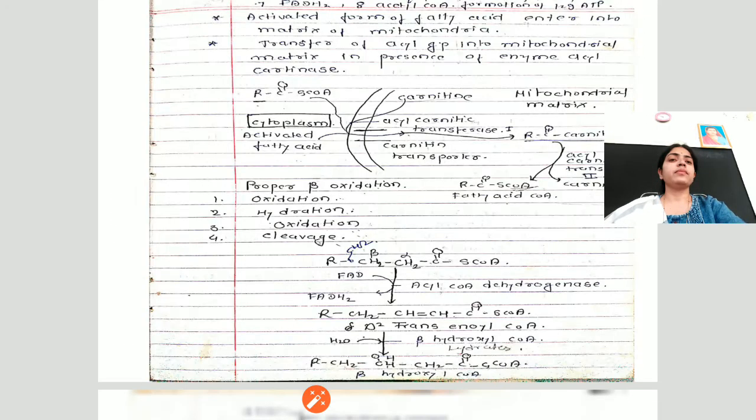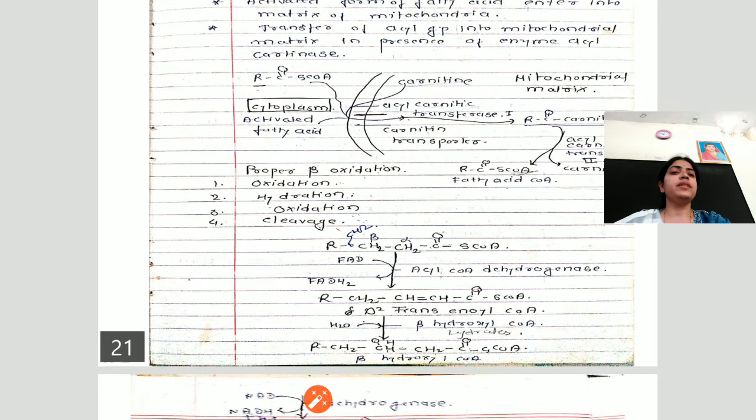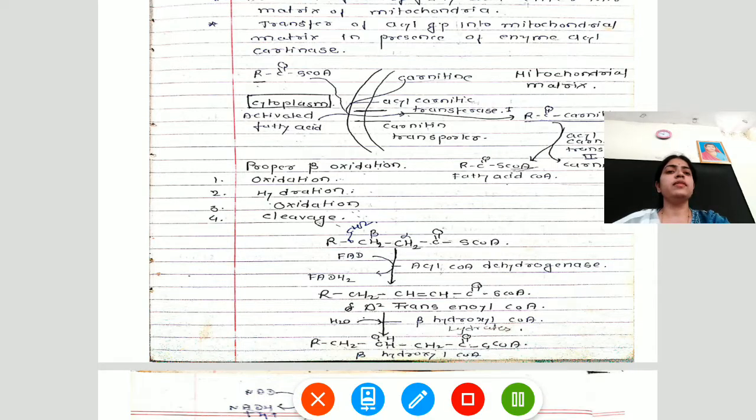Proper beta oxidation occurs in 4 different phases: oxidation, hydration, again oxidation, and cleavage. Firstly, acyl CoA is converted into trans-enoyl CoA in the presence of the enzyme acyl CoA dehydrogenase.